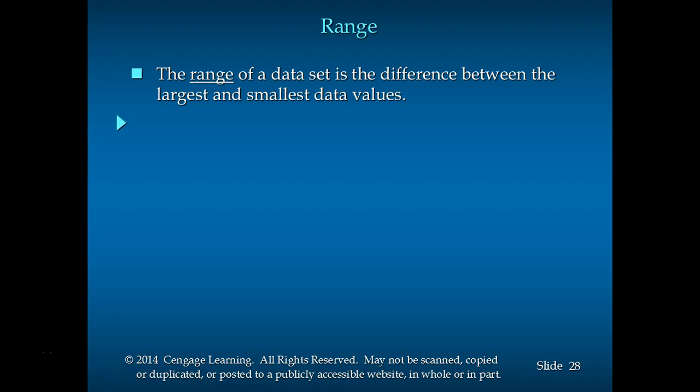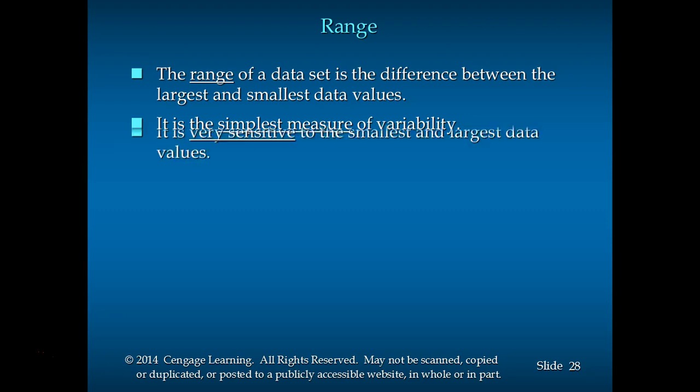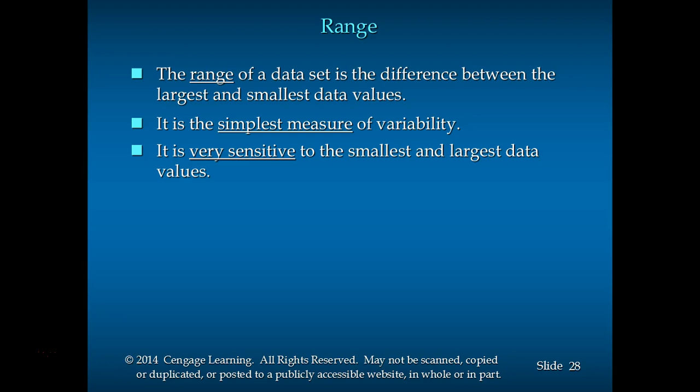The simplest one is the range. The range of a data set is the difference between the largest value and the smallest value. This is the simplest measure of variability. How much rent is between the minimum rent and the maximum rent. It is very sensitive to the smallest and largest values of the data, so it might not be a very good representation of how spread out, in this case, the rents are.